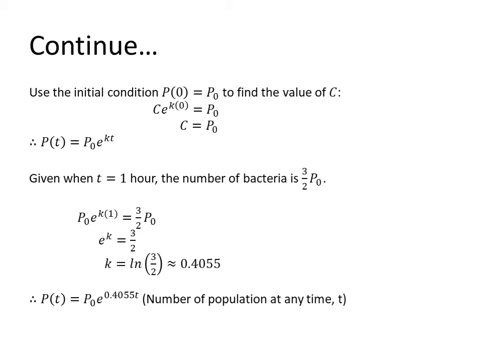We are also given when t equals 1 hour, the number of bacteria is 3 over 2 of P naught. Use this information to find the value of k. Therefore, the equation of population at time t is P of t equals P naught e to the power of 0.4055t.